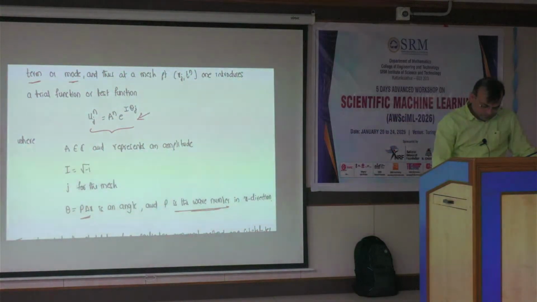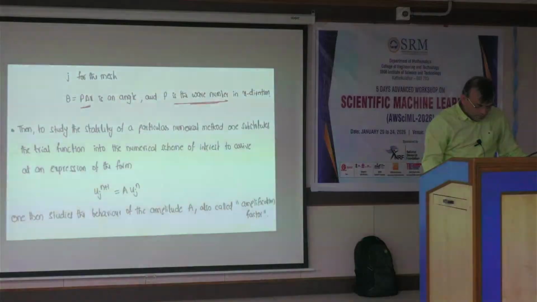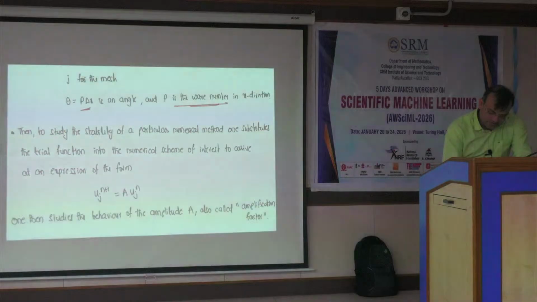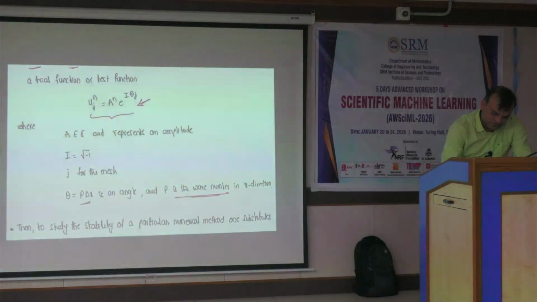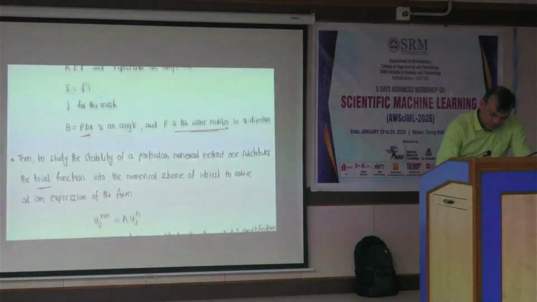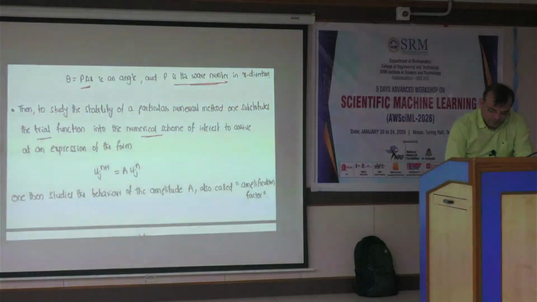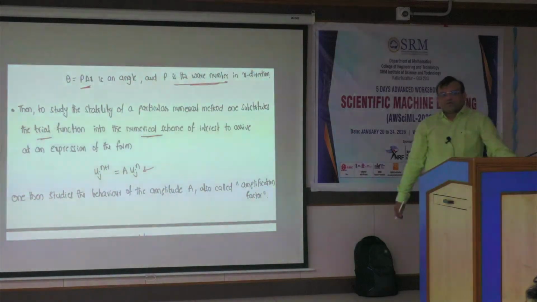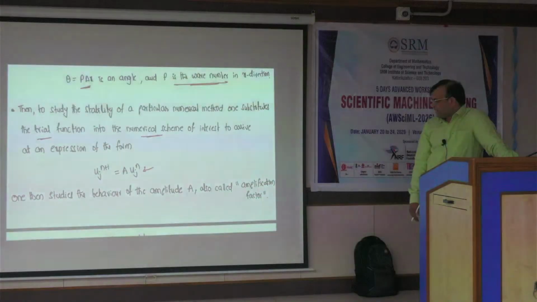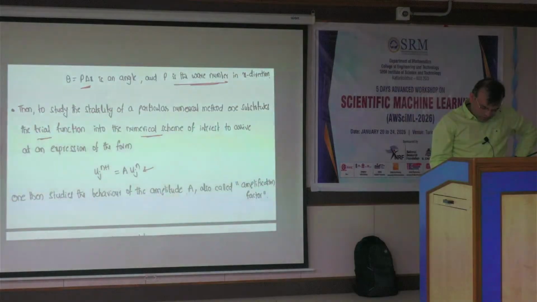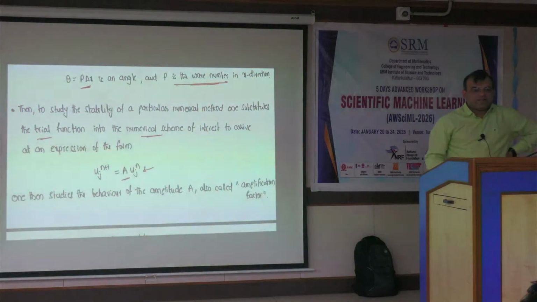Now to study the stability of a particular numerical method, one substitutes this trial function, which is the trial function for the single mode, into the numerical scheme, and we would like to bring it to the form u_j^(n+1) equals a times u_j^n. Now one would like to study the amplitude; here a is generally called the amplification factor.